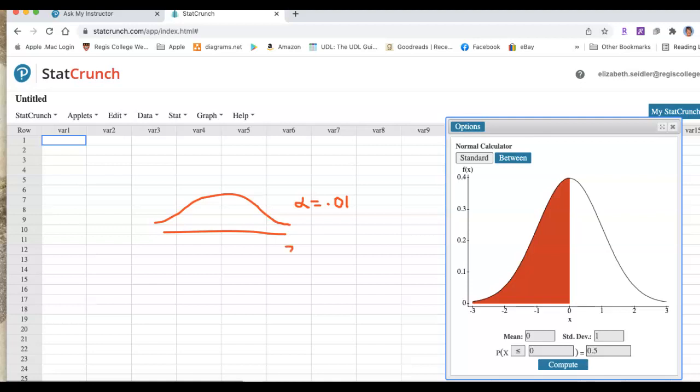Remember, this is Z. So I want to find the Z critical for which the area to the right is 0.01. So over here, I'm in my standard normal. What I'm doing is it's a greater than because it's a right-handed test.